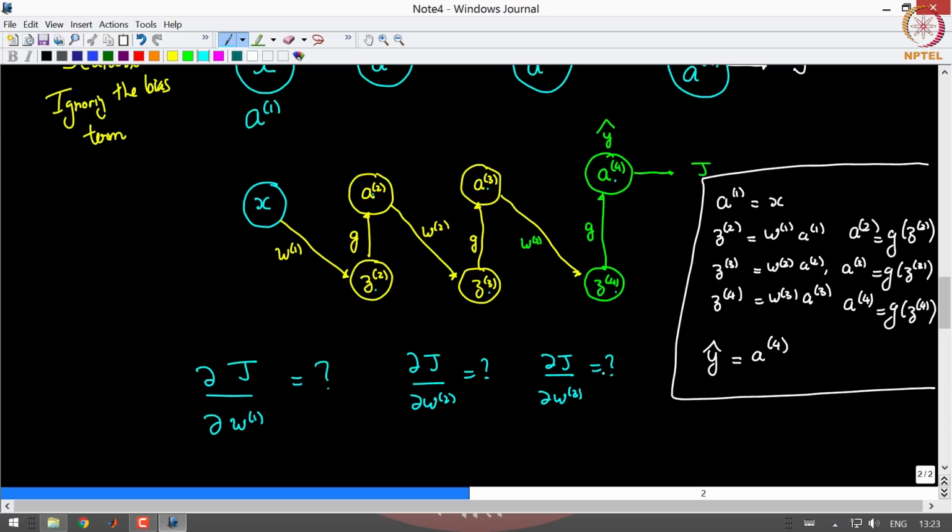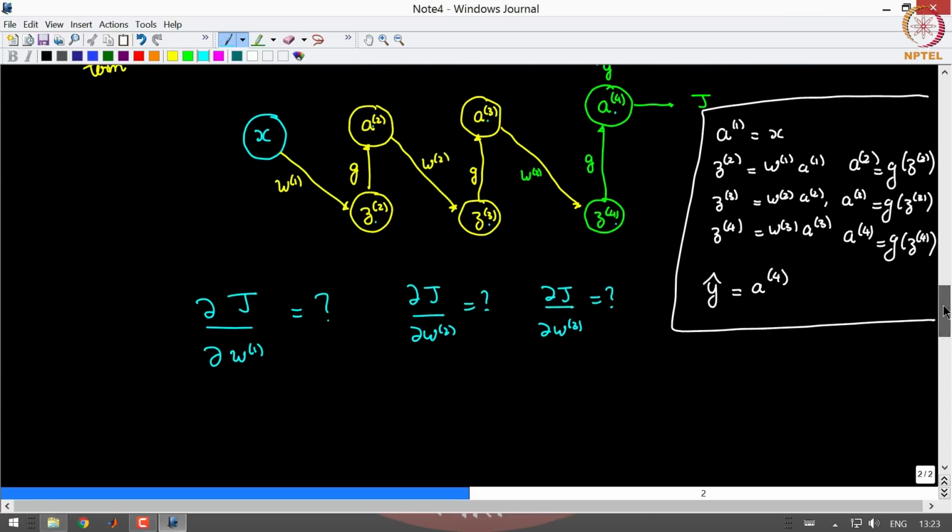Now, notice it is actually easiest to find out this term. Why is that? Because this is closest to being responsible for J. So, let us find this term first, del J del W3. If you have been very careful, you will actually notice that this is very similar, in fact practically identical to what we had in logistic regression.